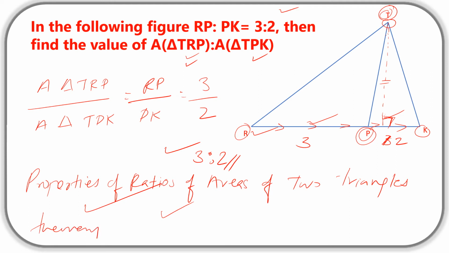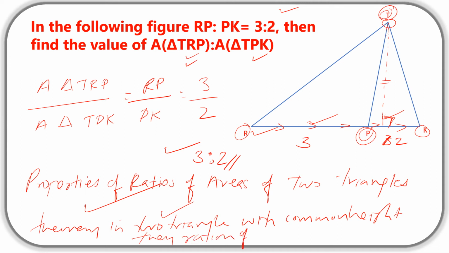What is the theorem saying? In two triangles with common height, the ratio of their areas will be as per the corresponding bases.